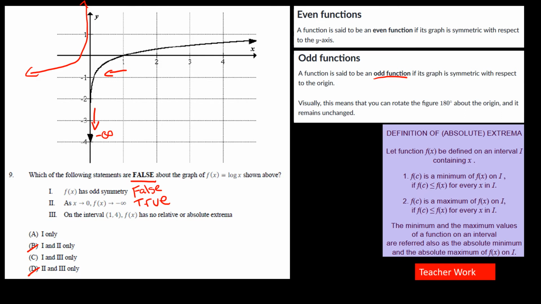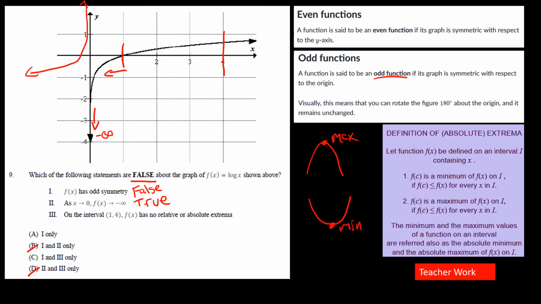And it says on the interval 1 to 4, so 1 to 4 has no relative or absolute extrema. Extrema, you recall, is kind of like the top of a hill, or the bottom of a pit. This was our max and our min.